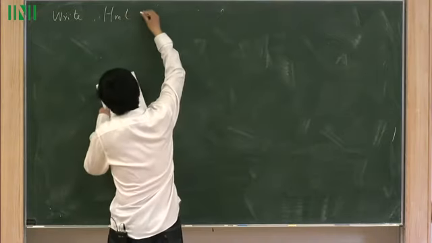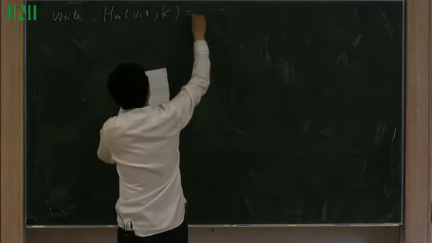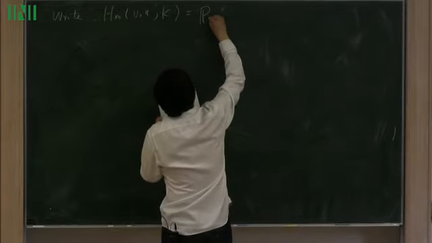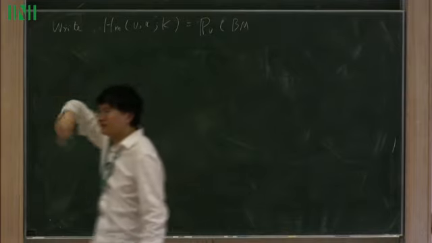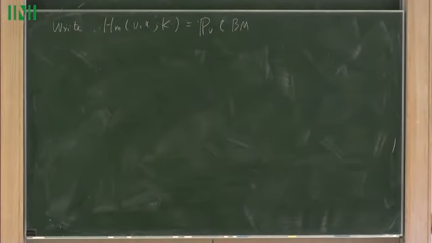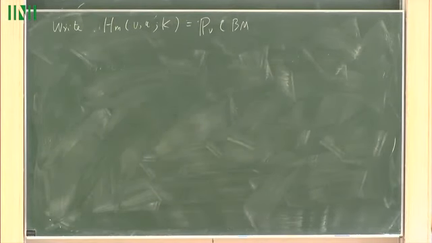Let the harmonic measure HM_V^U(K) be defined as follows: we start a Brownian motion at V. The Brownian motion here is not a Brownian motion in the plane. It's the Brownian motion in my metric graph, so it moves on these lattices and also the edges between the lattice points.